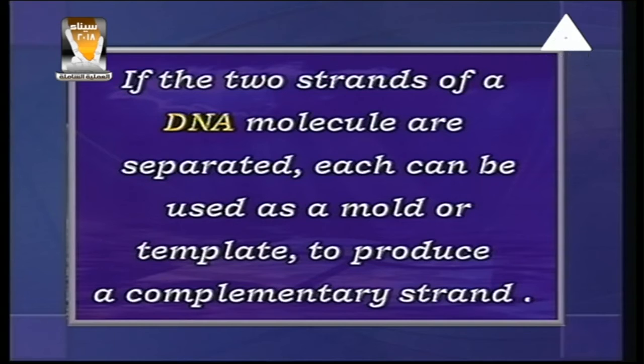Suppose you have a ladder and you break down all the rungs, all the steps. Each strand, the left one and the right one, one starts with 3' and ends with 5'. The other starts with 5' and ends with 3'. Each one of them works as a template, as a complementary part to the other one.